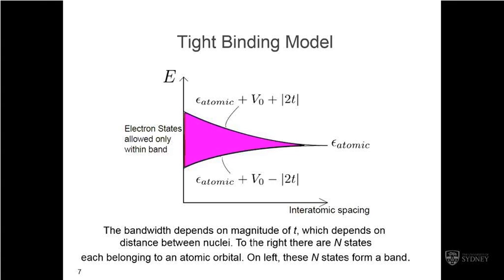But if you reduce the distance between the atoms, you'll get a greater interaction of the orbitals, a larger value of the hopping energy as you squish them together. And as you would expect, as you increase the spacing between the atoms, you have a smaller bandwidth and a smaller t, and in the extreme you go back to your isolated atom energies.